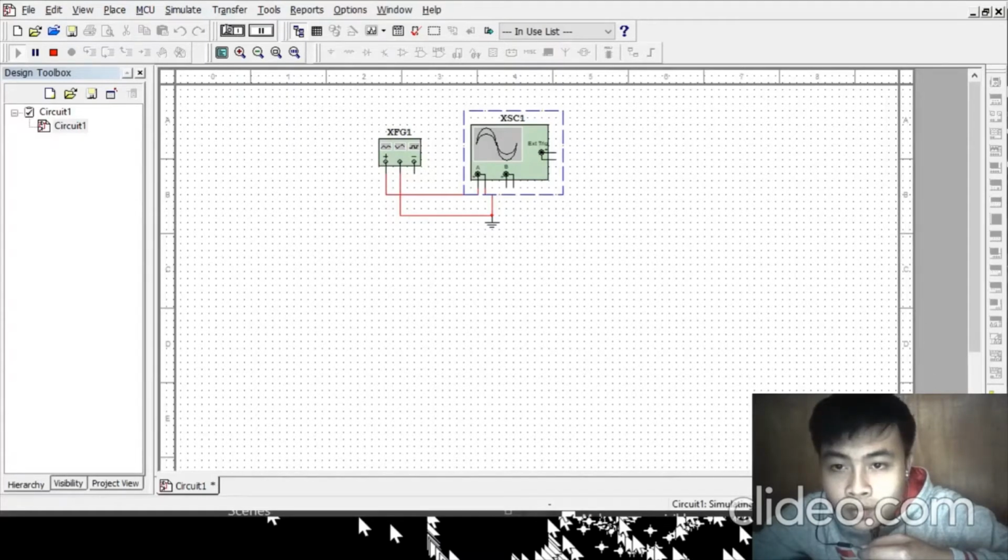Here we cannot catch the waveform, so we can change the trigger to select single, and now it will only show the permanent waveform.